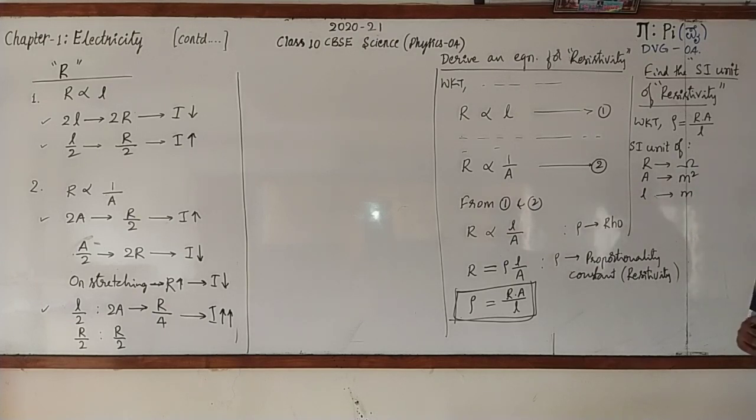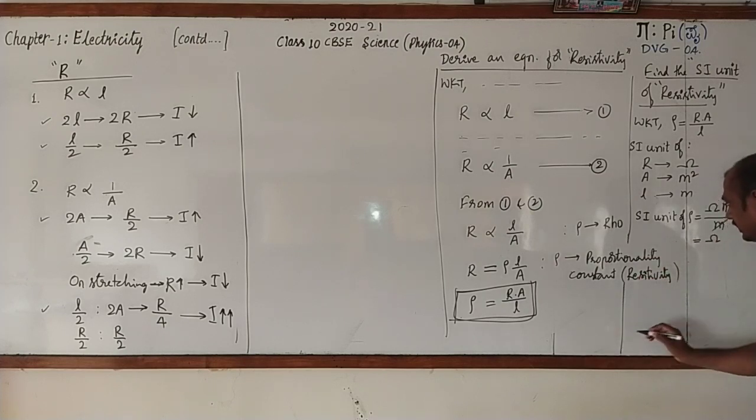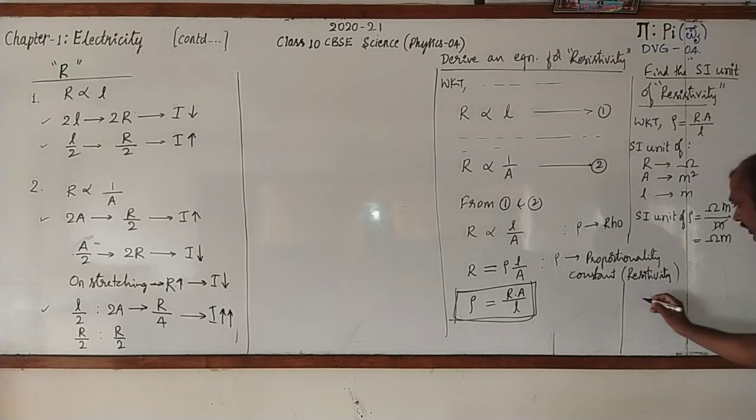Clear? Now the SI unit of rho can be written like this. See that R, ohm, A, meter square, then L, meter. Meter and meter get cancelled. It's equal to ohm, sorry, ohm and another one meter. Conclusion.